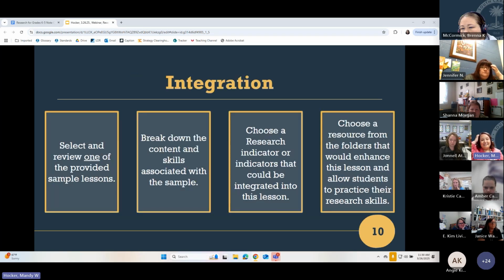All right. Now it's going to be some time to go back into breakout rooms for just a few more minutes. You'll be in your K through 5 groups again. I'm not sure if Brenna reshuffled or not, but the expectation for this will be to look at box 10 of your note catcher. In box 10, you have a link to a sample lesson.